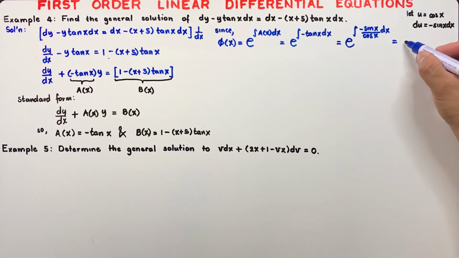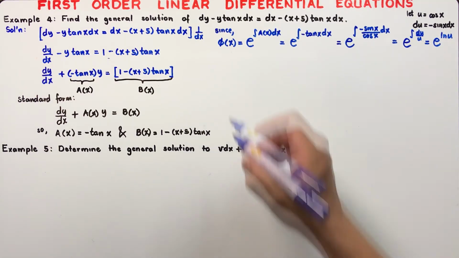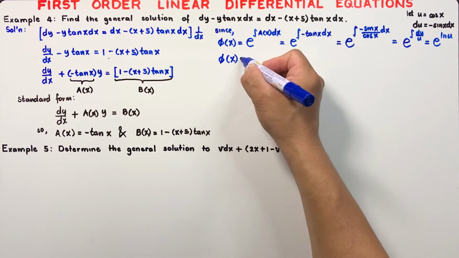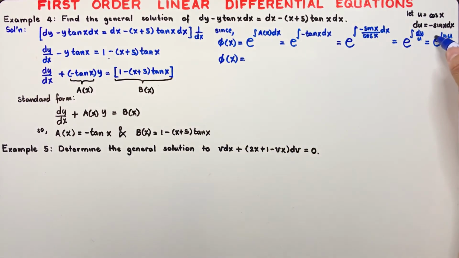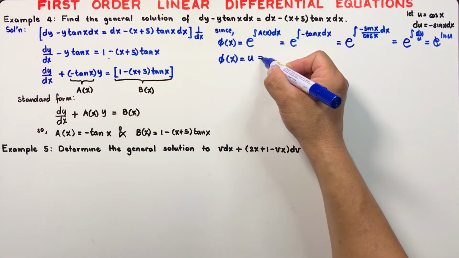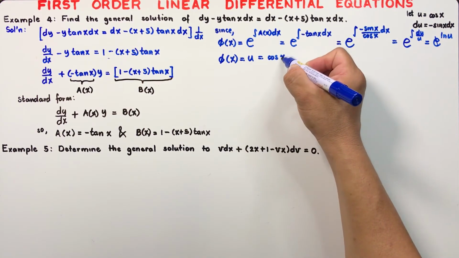So by substitution, we have e to the power of the integral of du over u here. And we know that the integral of du over u is ln u. And applying the properties of logarithms and exponentials, this exponential and logarithm cancel each other. So this is equal to u, but our u is just cosine x.